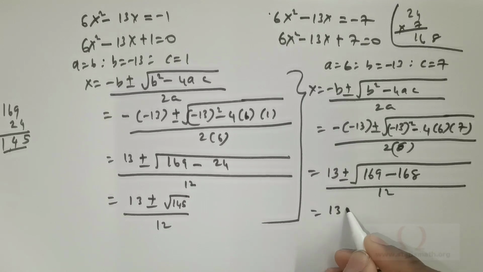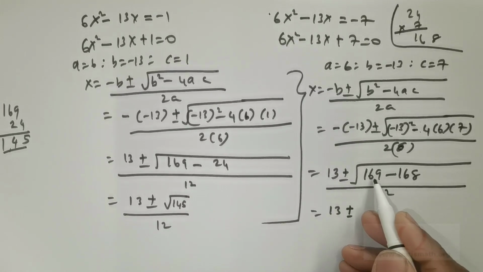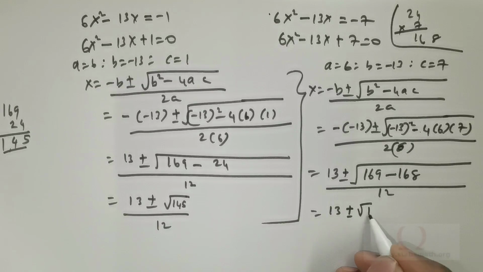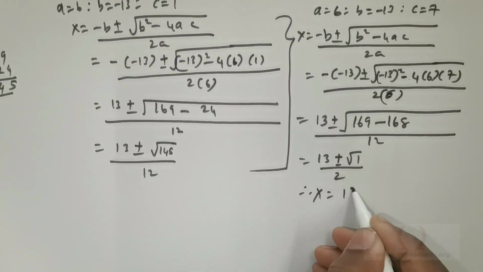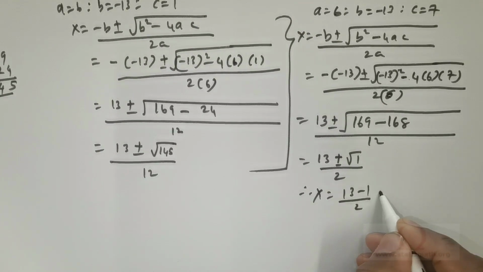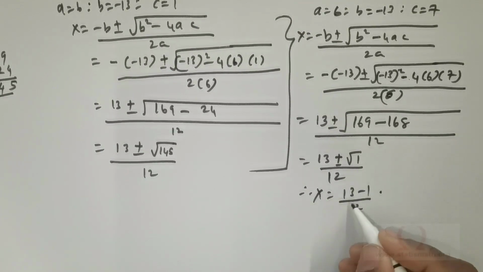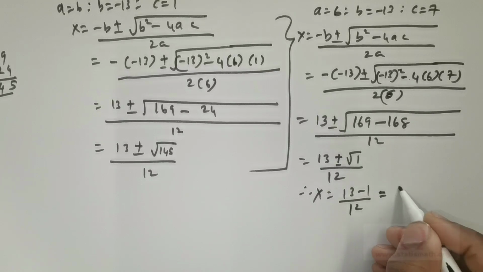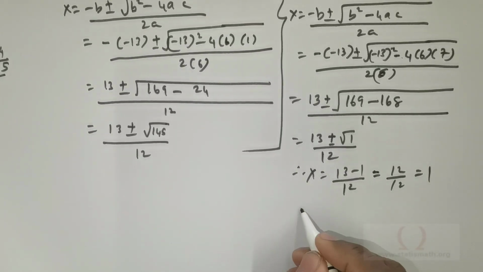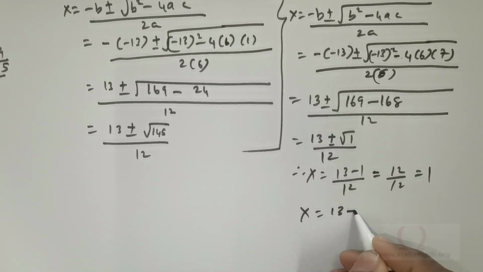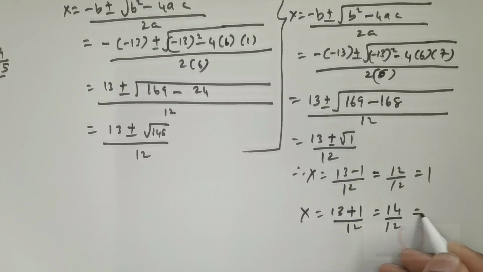So this is rewritten as 13 plus or minus root of 1 divided by 12. So from here, x is equal to (13 − 1) divided by 12, which is 12 divided by 12, equal to 1. And x is equal to (13 + 1) divided by 12, which is 14 over 12, which is 7 divided by 6.